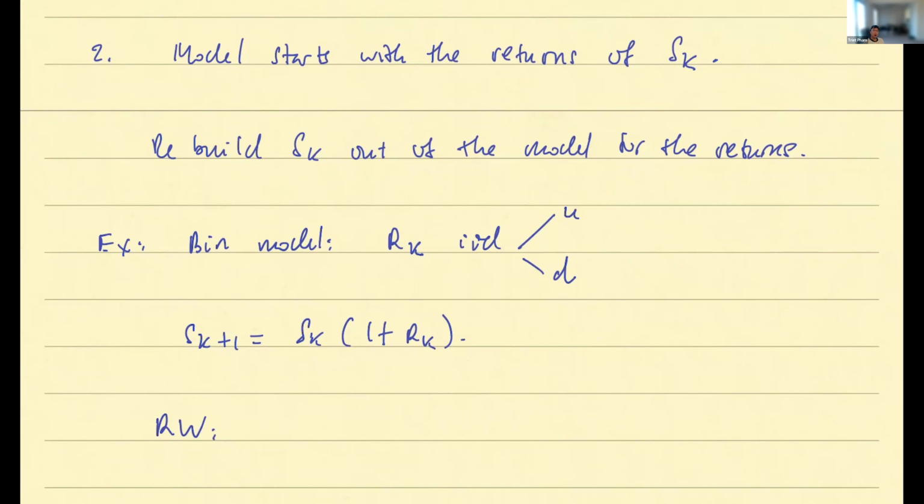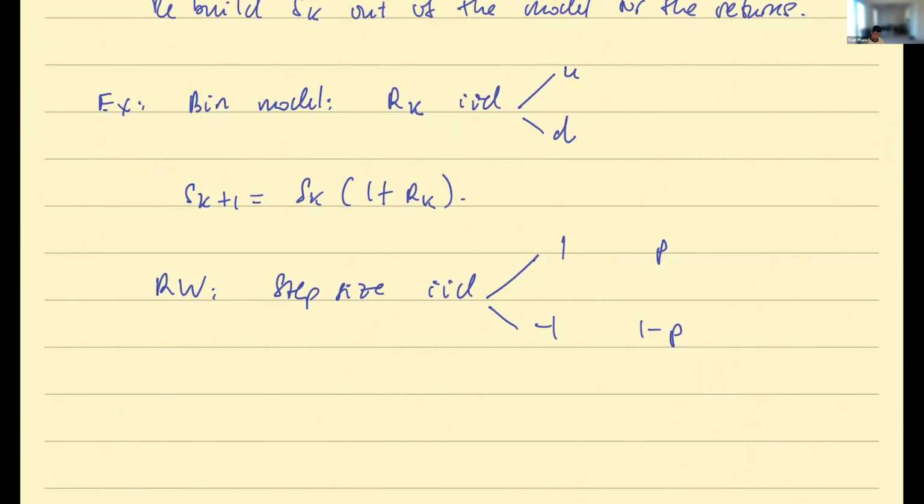How do you model a random walk? You model a random walk by modeling the step size as IID, let's say 1 with probability P and -1 with probability 1 minus P. And what's your random walk? Your random walk X may be a sum of the steps. So these are the steps.